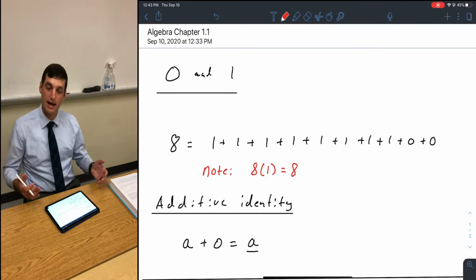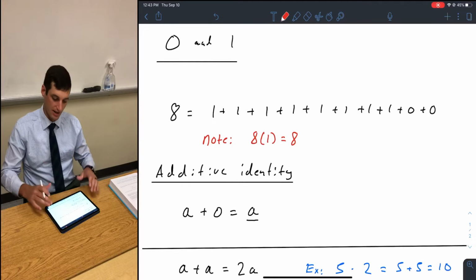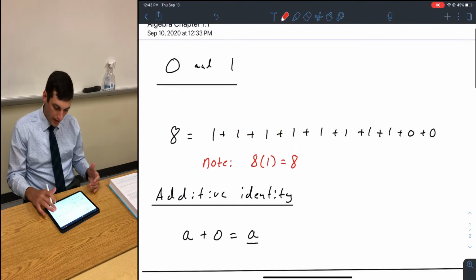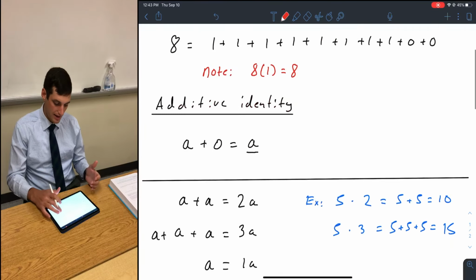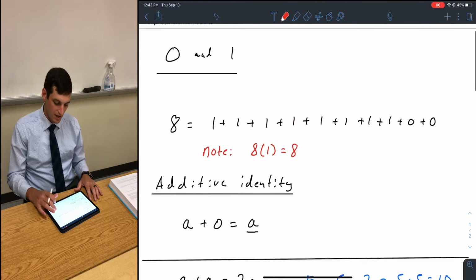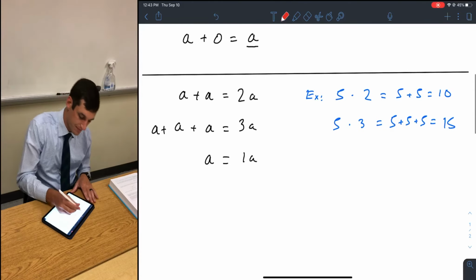So 1 being added multiple times. So this is the foundation of mathematics, the very foundation of mathematics. And these are being added, and we're starting to add some texture to it with some algebraic properties. So let's talk about the multiplicative identity.